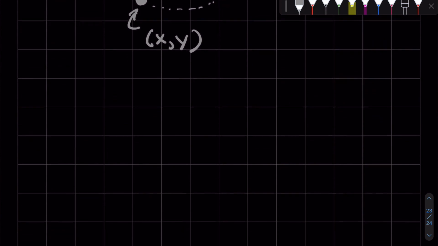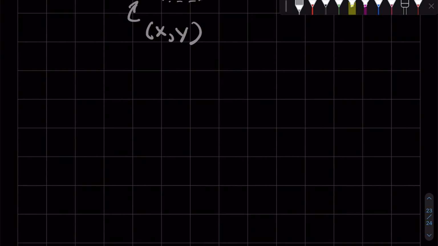So in classical mechanics, if we have a system with n degrees of freedom, then at any given moment, the state of the system is represented by a point on a 2n dimensional space called the phase space.